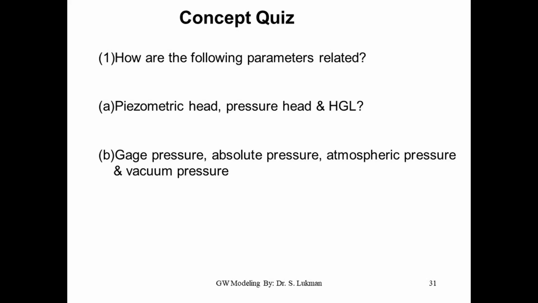Simple. The hydraulic grade line is synonymous to the piezometric head. Simple. They are one and the same. We either say hydraulic grade line or piezometric head, which is given as the sum of the elevation head and the pressure head.